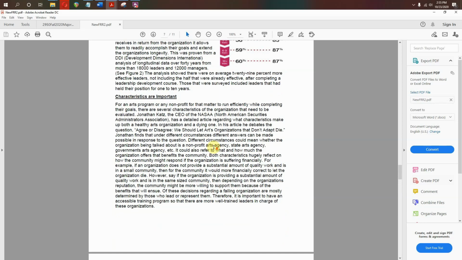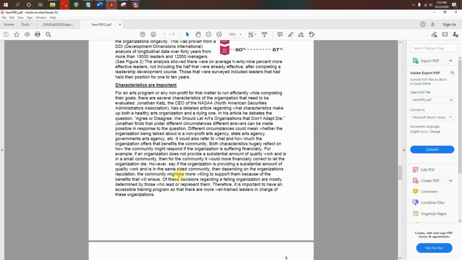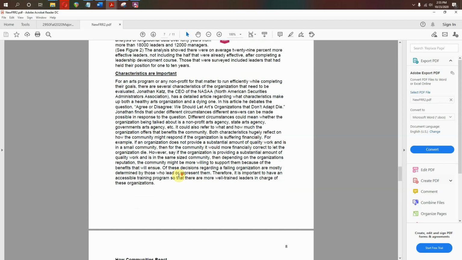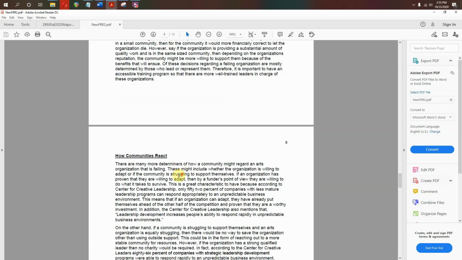Here's some data. If our program needs to be run efficiently. Say the organization is providing a substantial amount of quality work in the same size community, then depending on the organization's reputation, the community might be more willing to support them because of the benefits that will ensue. Well, possibly. I still don't know what this has to do with the product you're trying to sell.